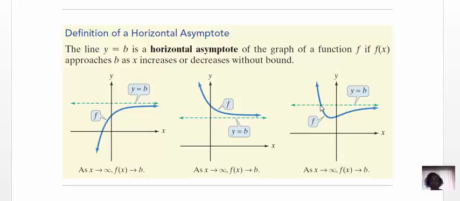However, in this case, there was some earlier value of x that actually equaled b. Here the function is approaching b, and again this approach is from below. The function values are getting closer and closer to b as the x's increase without bound.